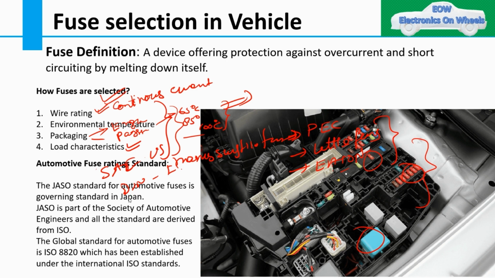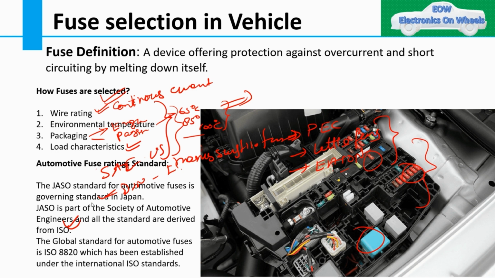A particular number is used for Japan, and this number is used for the US or European countries. The JASO standard for automotive fuse is the governing standard in Japan, and Japan has the Society for Automotive Engineers, and all standards are derived from the ISO, that is the International Standards Organization.